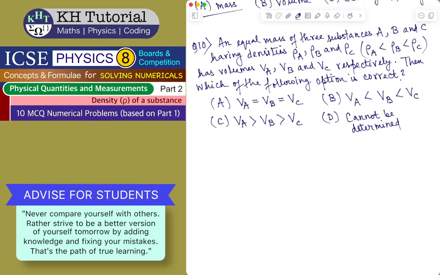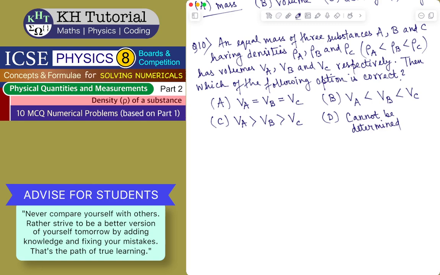where it is given that density of A, that is rho A, is less than rho B, that is the density of B, and density of B is less than density of C, that is the density of the substance A is the least and the density of the substance C is the maximum. Okay, and equal mass, both the substances A, B, and C are having, we are considering equal mass.